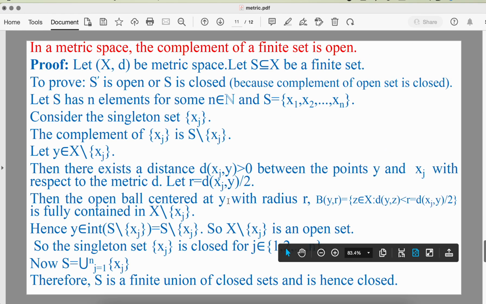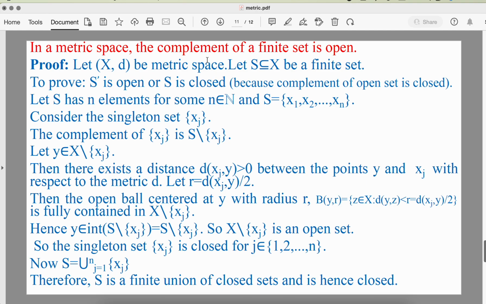Now one more theorem. In a metric space, the complement of a finite set is open. If we take the complement of any finite set, it is always open. Let (X, d) be a metric space and S a subset of X which is finite. Now we will prove that S dash, the complement of the finite set S, is open.